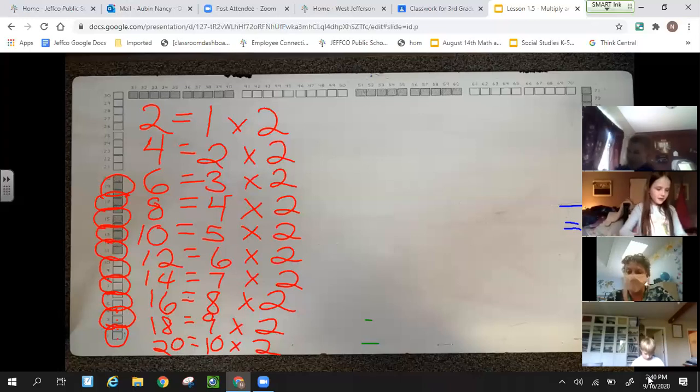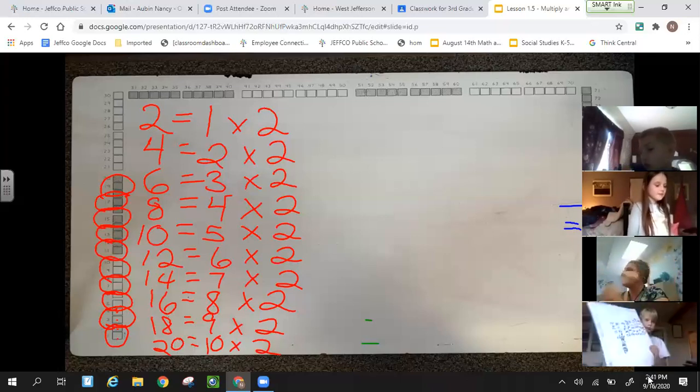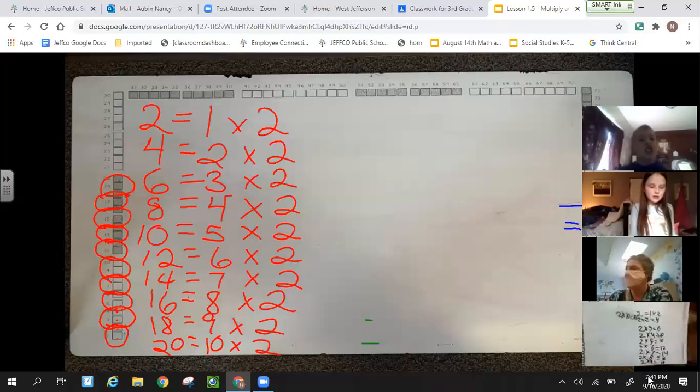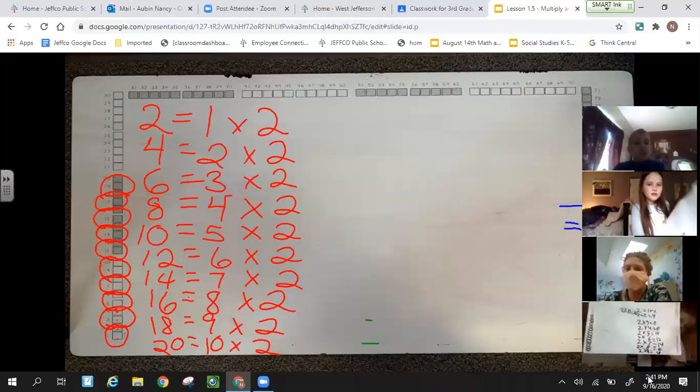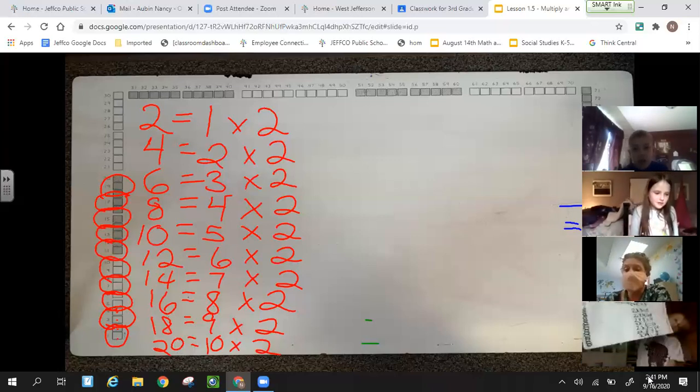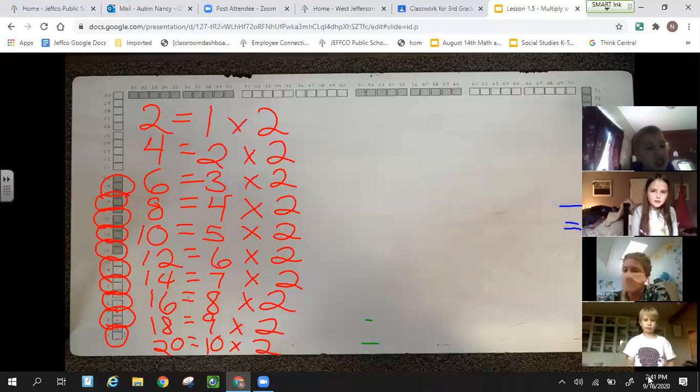Robert? Did you see Astria doing any of it already? She was showing me, yes. Oh, she does have it. Oh, okay, I was confused. She had a book. She was showing me a book. Are you doing Think Central today? I just don't know where her math board is. Well, I don't think she has it. Can you hold it up, Astria?